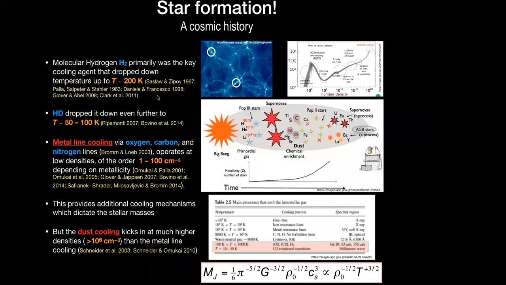So the first stars we begin with are known as the population 3 stars. We call them Pop III stars. And when these Pop III stars exploded, they provided the metal enrichment, because inside these stars, new elements were forming. And by the time the supernova occurred, all the heavy elements were scattered into the surroundings.